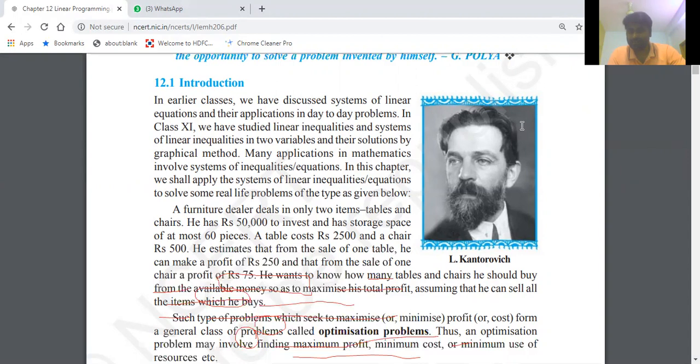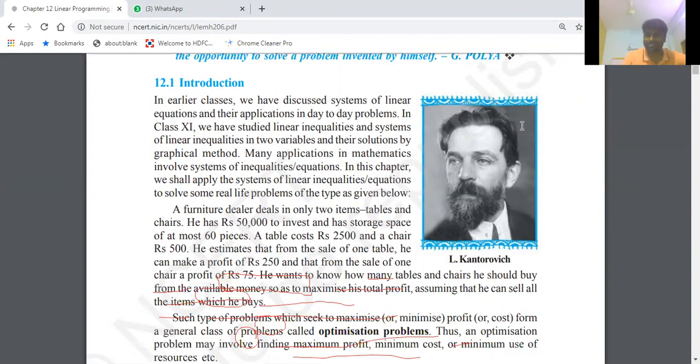Should I take more tables or more chairs? No, because the maximum capacity is 60 items only that I can store in my vehicle, correct?